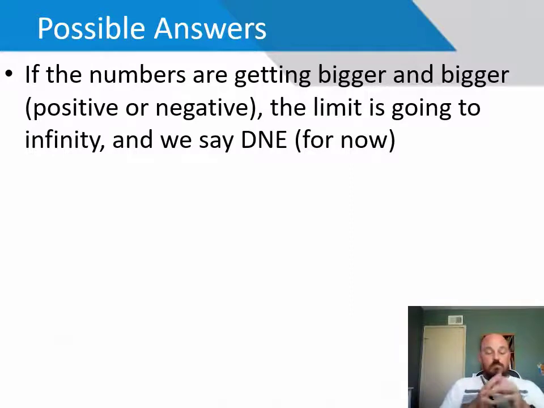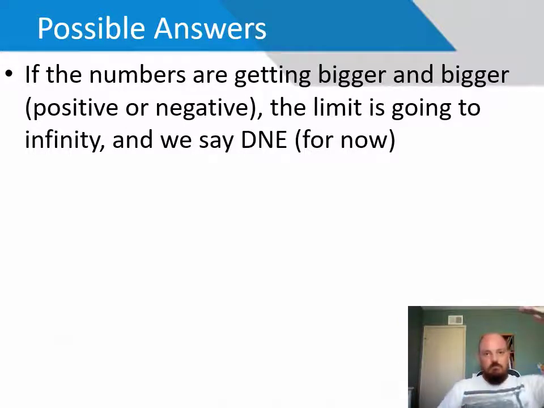The third possible one is if you notice the numbers aren't really approaching something. You're not getting 7.0001, or you're not getting 2.999. You're getting numbers that are just getting bigger and bigger and bigger. When you're here, it's 1,000, and then it's 2,000, and then it's 10,000. And the closer you get to your limit value, the bigger the number gets. And that could be positive or negative.